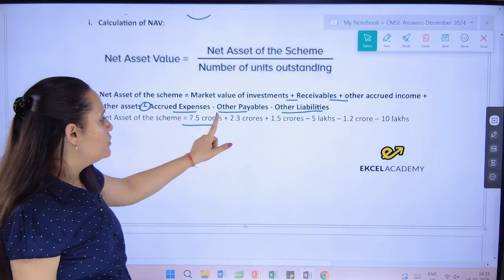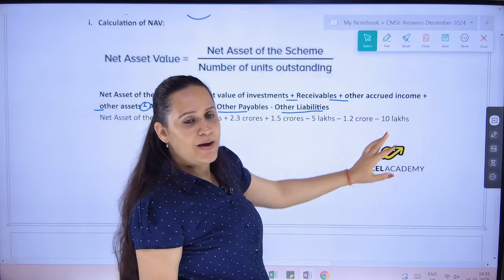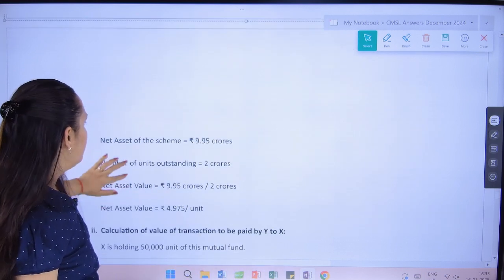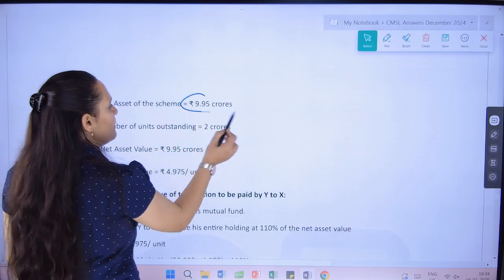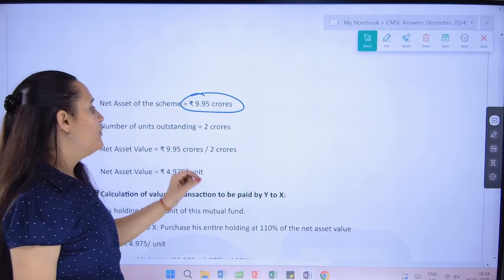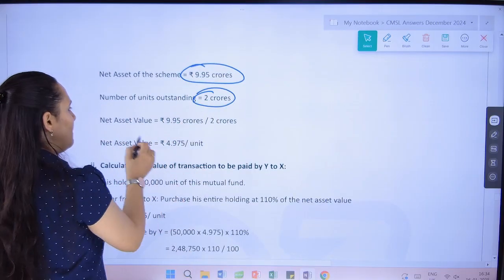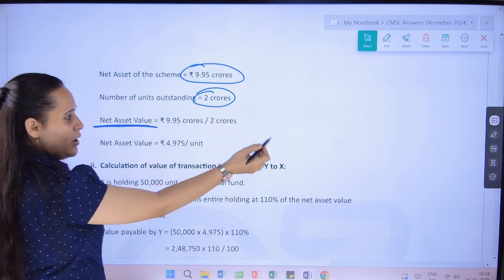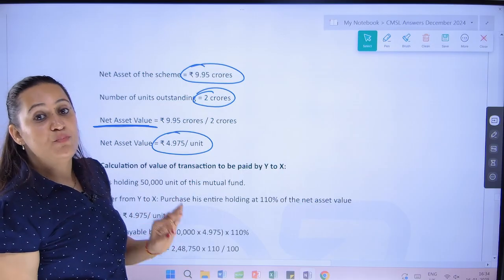So 7.5 crores, 2.3 crores, 1.5 crore, minus 5 lakh, minus 1.2 crores, minus 10 lakhs. This is going to give you the net asset of the scheme. If you directly apply the formula and do the calculation, the net asset of the scheme comes up to rupees 9.95 crore rupees. Number of outstanding unit is 2 crore units. So applying the net asset value formula, it is the net asset of the scheme divided by outstanding units. So it comes up to 4.975 per unit.